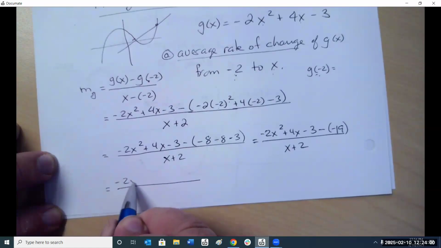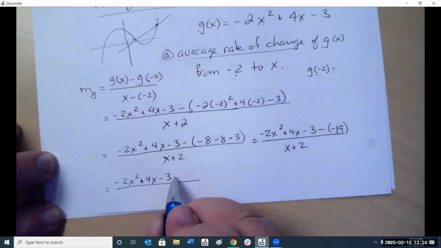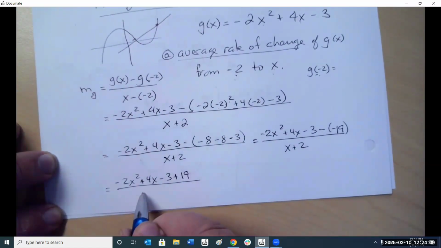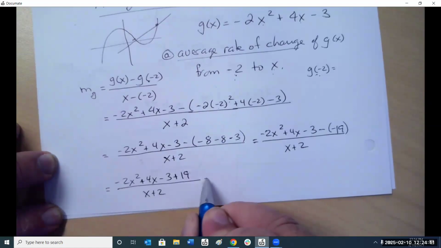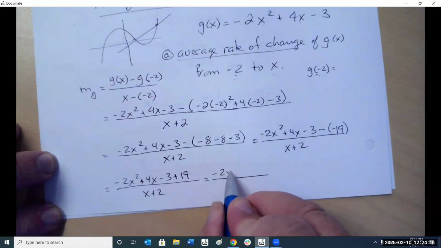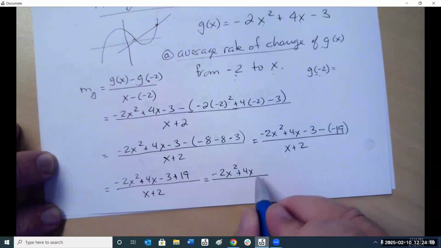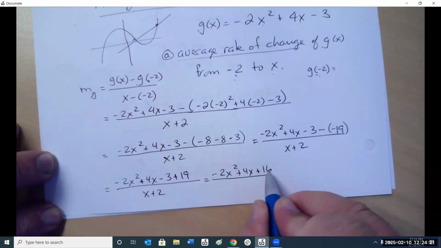The negative makes it a positive 19. -2x squared plus 4x. 19 minus 3 is 16.